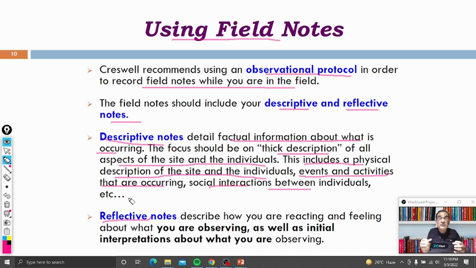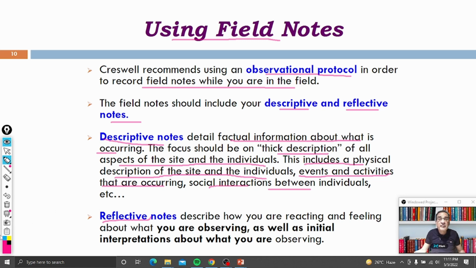You will write a description of the environment of the room, the dress of the people, the sitting arrangement of the room, everything, the events and activities of the teacher and students, and the social interaction, like teaching, between teacher and students and among the students. So you will write all these things. Such notes are called descriptive notes.